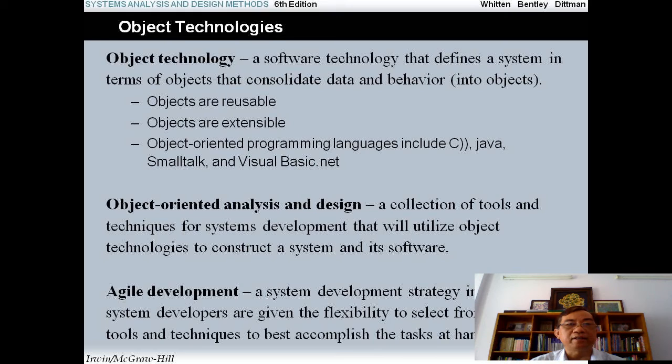Object-oriented analysis and design is a collection of tools and techniques for system development that will utilize object technology to construct a system and its software. And agile development, a system development strategy in which system developers are given the flexibility to select from a variety of tools and techniques to best accomplish the task at hand.